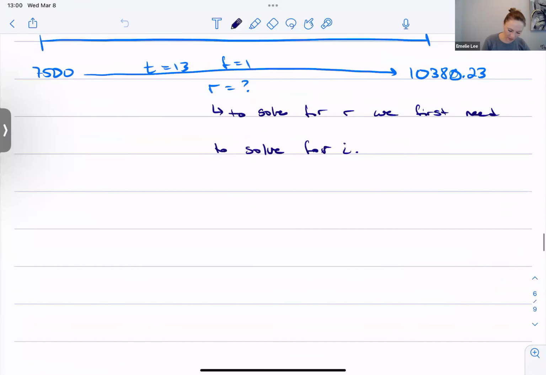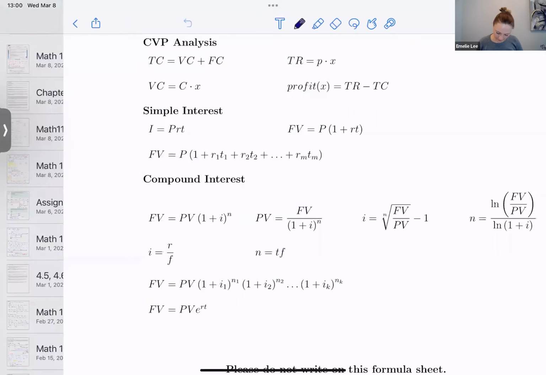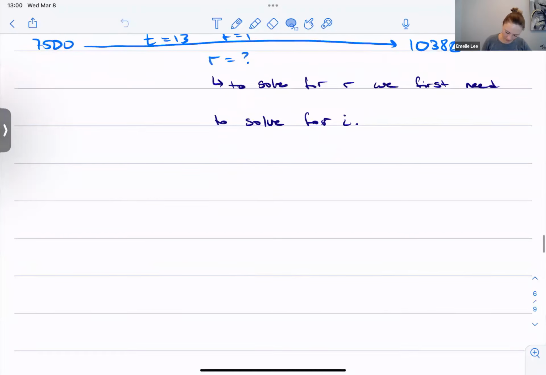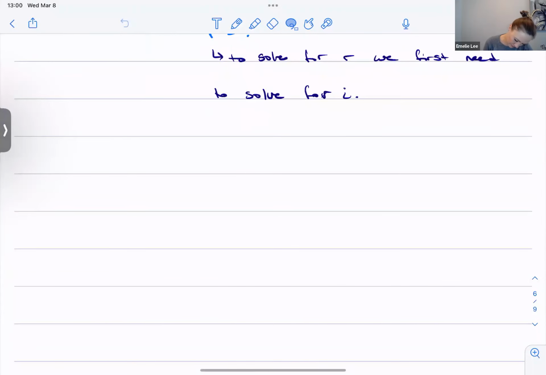So we can solve for I. Copy. Okay, so I will solve for I. Finally, it's working. I should have restarted earlier. Sorry about that, guys.